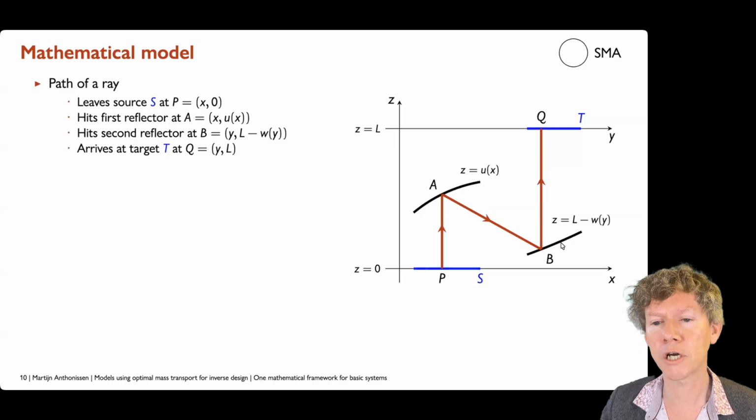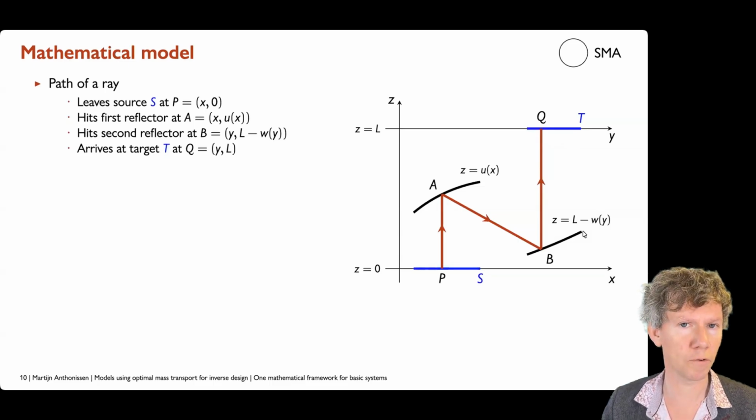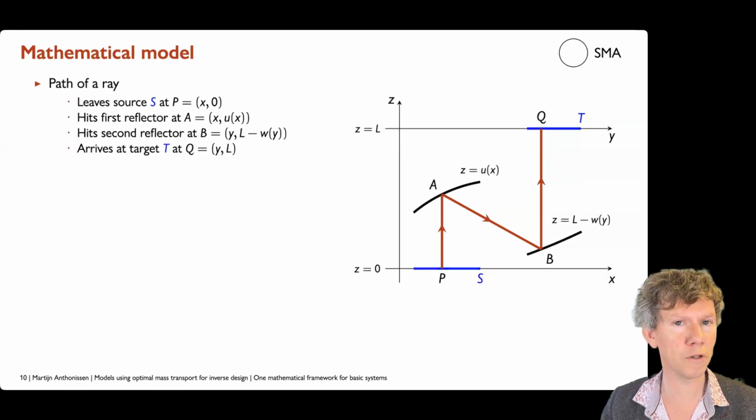The light ray hits the second reflector at B, and B I describe in this way. It's capital L, the distance between source and target, minus w(y), and y is the coordinate in the target. This w is the second unknown function I'm looking for. So I'm trying to find u and w, and then I have the shapes of the first and second reflectors.